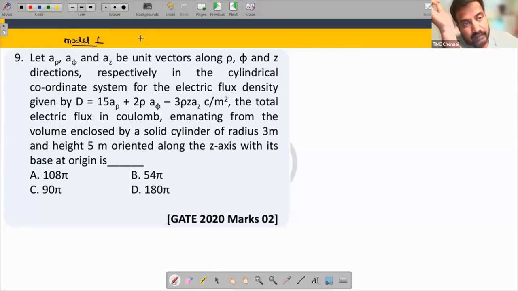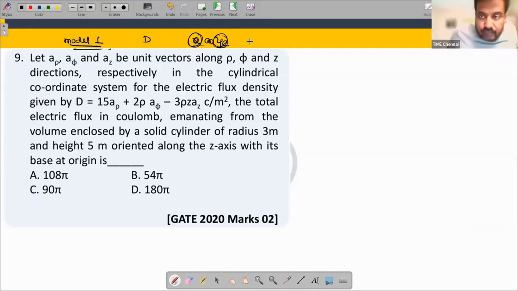In model 1, they'll give you D, ask you to find Q or psi E. In the previous question, they asked to find Q. In this question, they are asking to find psi E. But it is the same model 1. Solve this. Everyone solve it.